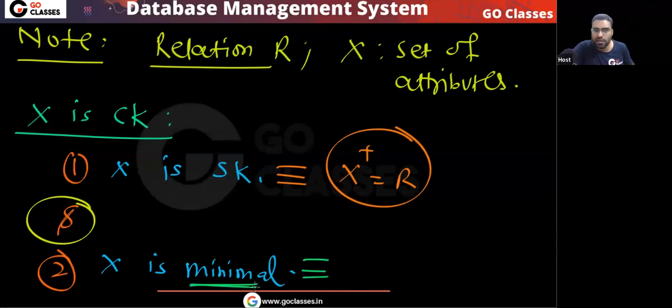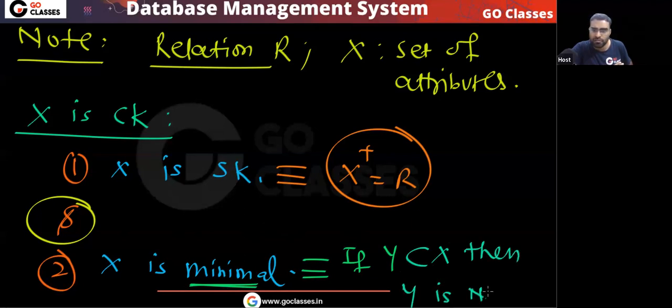It means that if Y is a proper subset of X, then Y is not a super key. Understand? Yes or no? This is the definition of minimal.